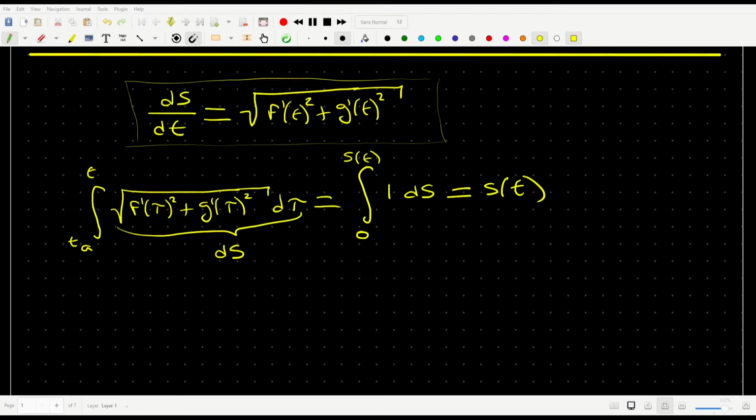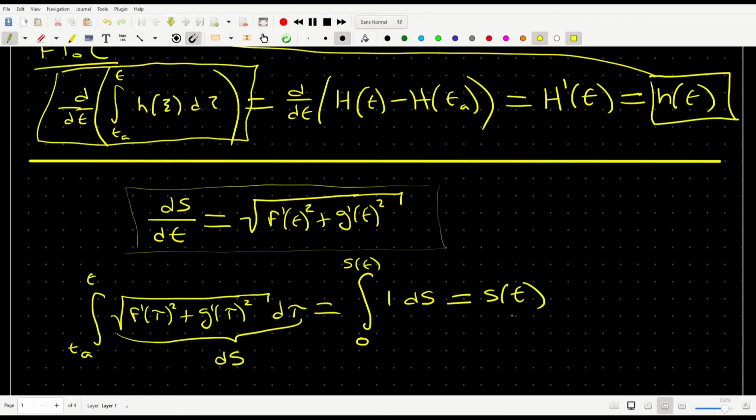So I think at this point we've seen that we can very nicely use this arc length formula to give us the arc length, and really this is just the same thing as integrating the function 1 with respect to the arc length s. And this also should beg the question, what happens if we integrate a different function with respect to arc length?